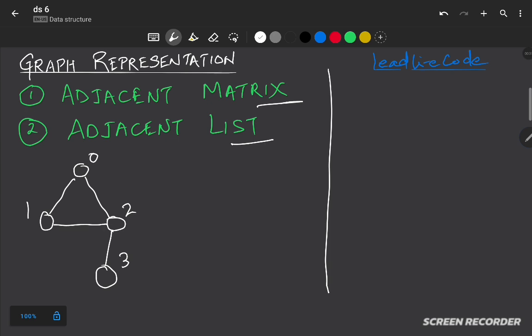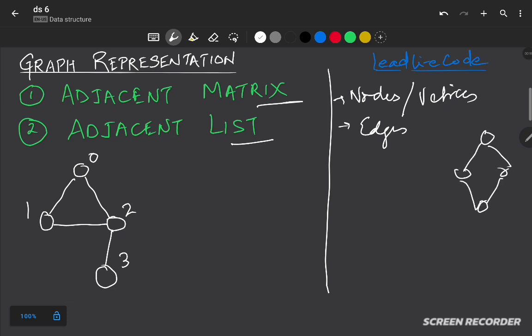What is a graph? A graph is basically a representation of a data structure which has nodes or vertices, okay, and it has edges. So, like we had mentioned, these are the nodes, and the connection between two nodes is called an edge.